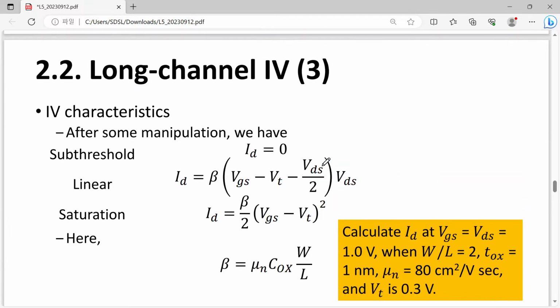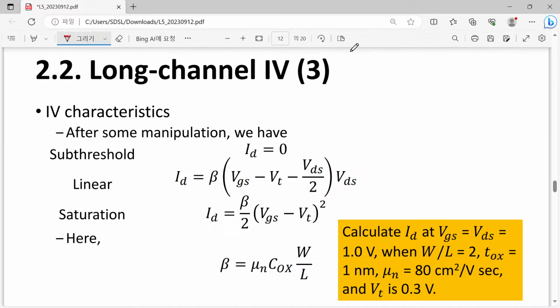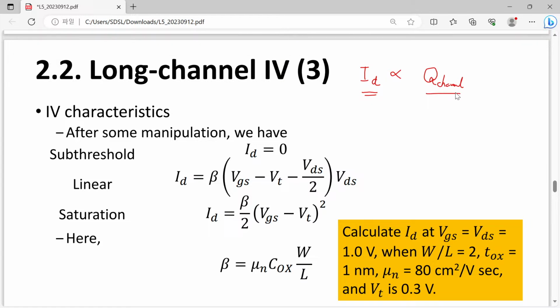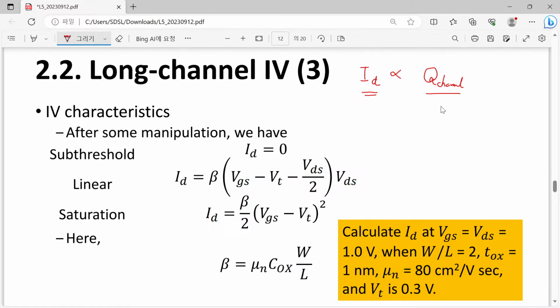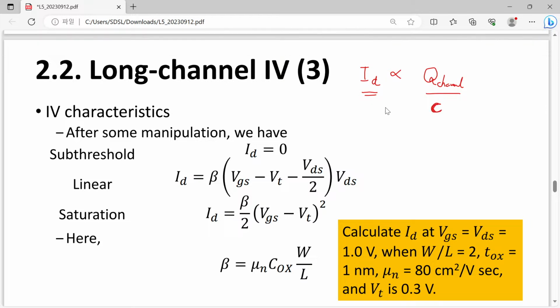Then now let's go to this one. Once again, we wanted to calculate current, and we have thought that current is proportional to the charge density, Q channel, that was shown in our previous one, and it has some charge Q. This is Coulomb.